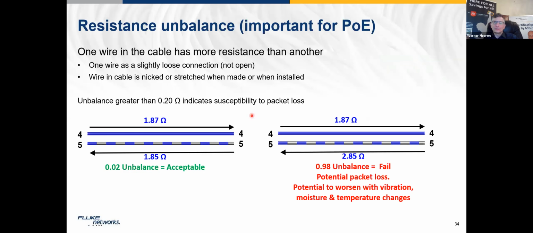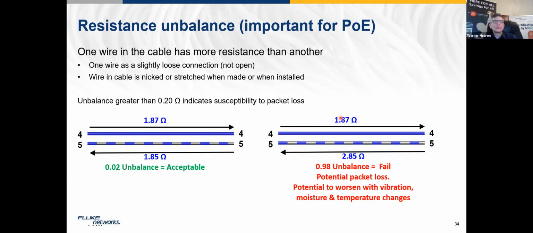Resistance unbalance. For those who were on the webinar around PoE, maybe you remember that for the CCTV cameras and the wireless access points, you should have a well-balanced cable. What do we mean with that? That the difference in resistance between the different wires should be very minimal, because if it is too much, there is a resistance unbalance, what we call, and you cannot transmit the power properly to your sensor, your wireless access point, your access card reader, whatever. So that should be in balance.